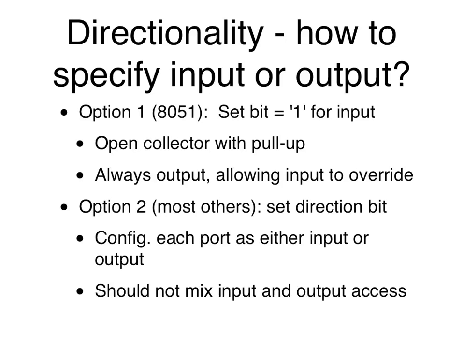This allows somebody on the outside to override your port value. Option 2 basically configures each port for either input or output. And then you shouldn't be mixing input and output together.